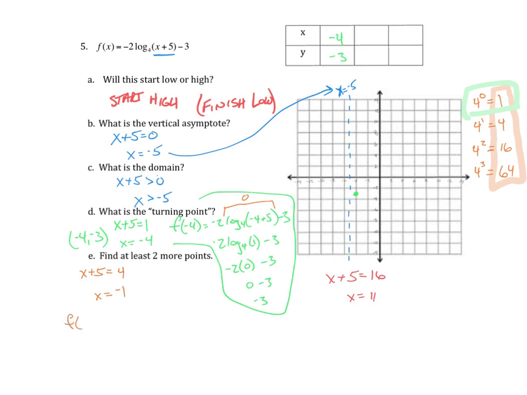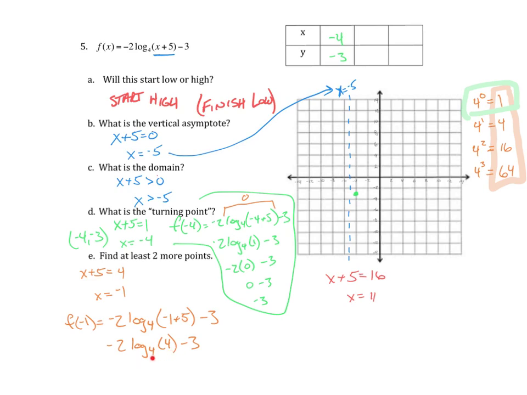So I have f of negative 1 is equal to negative 2 log base 4 of negative 1 plus 5 minus 3. If I start simplifying that down, I get negative 2 log base 4 of 4 minus 3. Remember what's being asked here? 4 to what power gives me a 4?